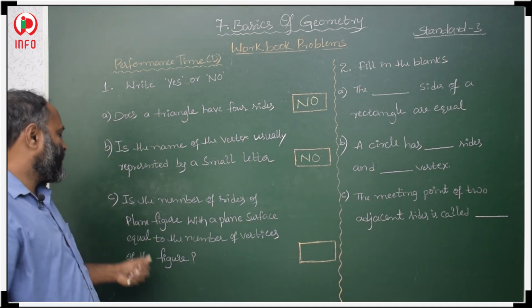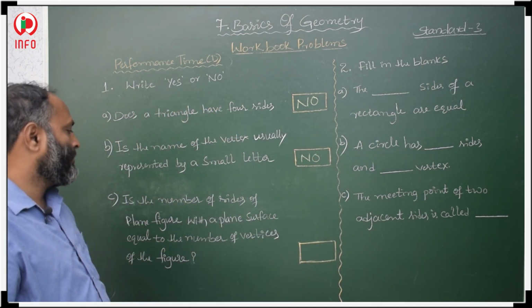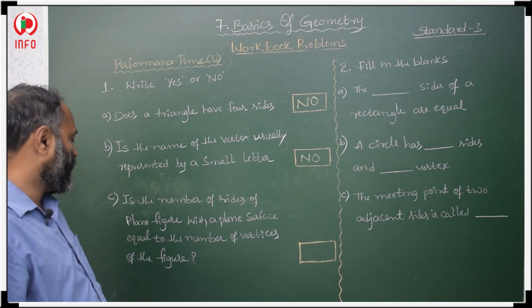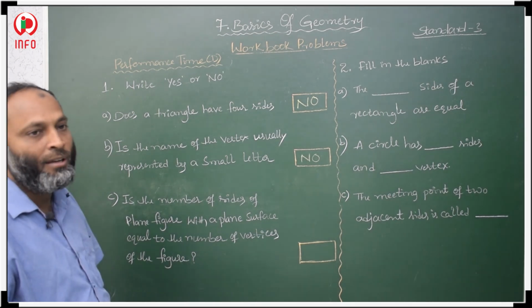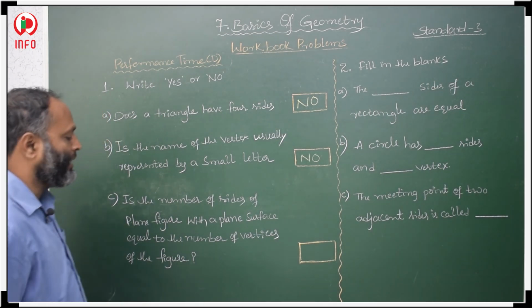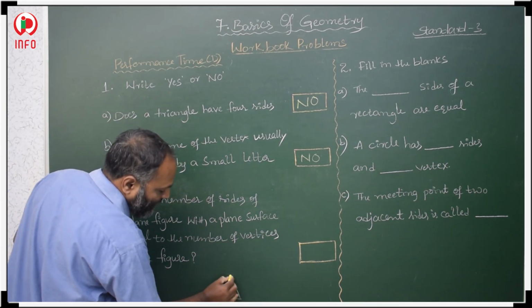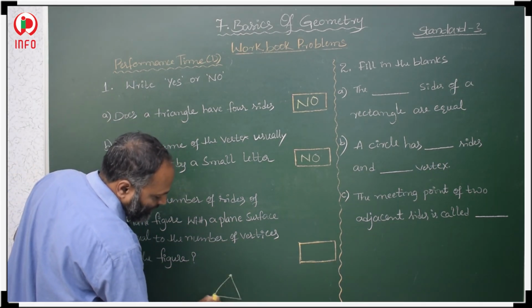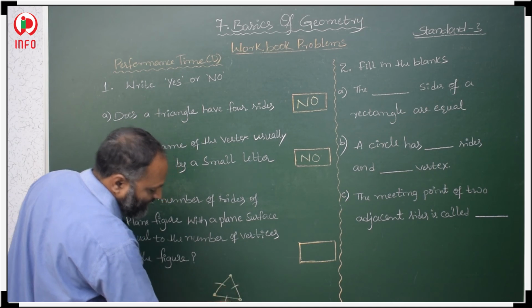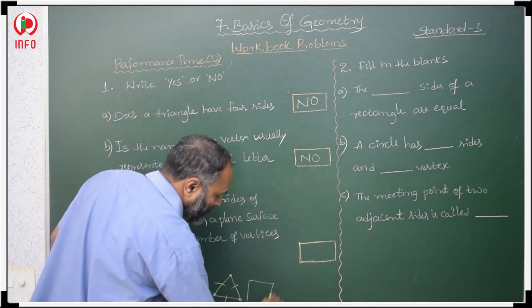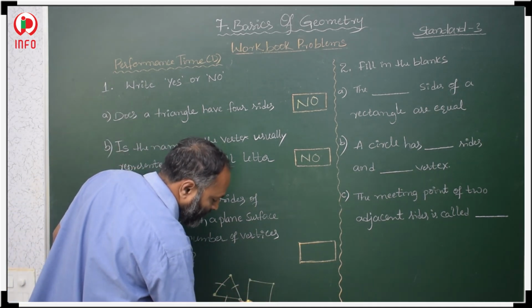Is the number of sides of a plane figure equal to the number of vertices of the figure? This is correct. What does it mean? Suppose it is a plane figure. Here we have three vertices, then we have three sides. If we have 4 vertices, then we have 4 sides. 1, 2, 3, 4.